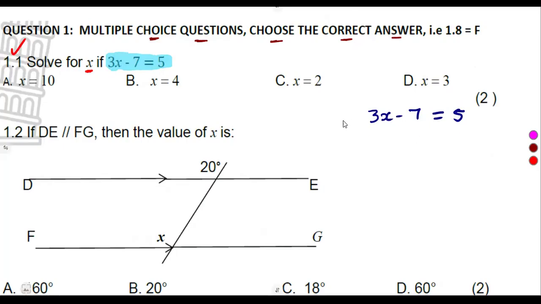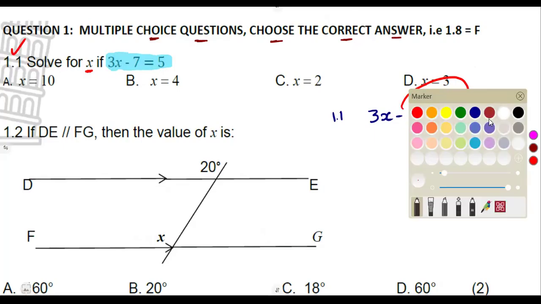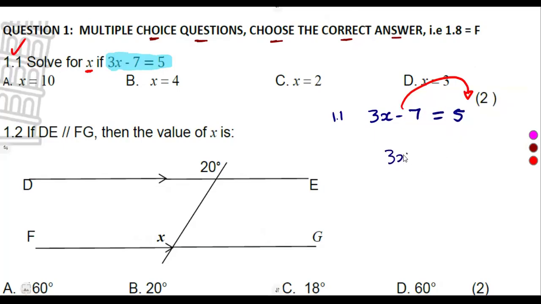We can get rid of that minus 7 to the right-hand side. The moment it crosses the equal sign, it changes the sign. So meaning to say 3x is equal to what? 5 plus a 7. It was a minus, so on the other side it's going to change the sign. It's now a plus.